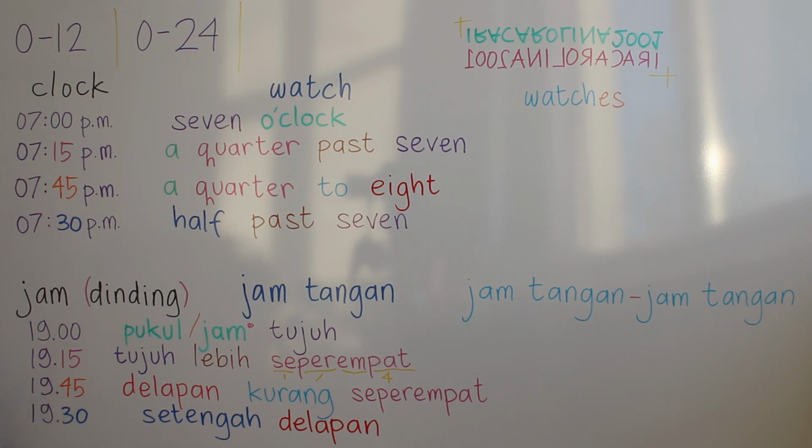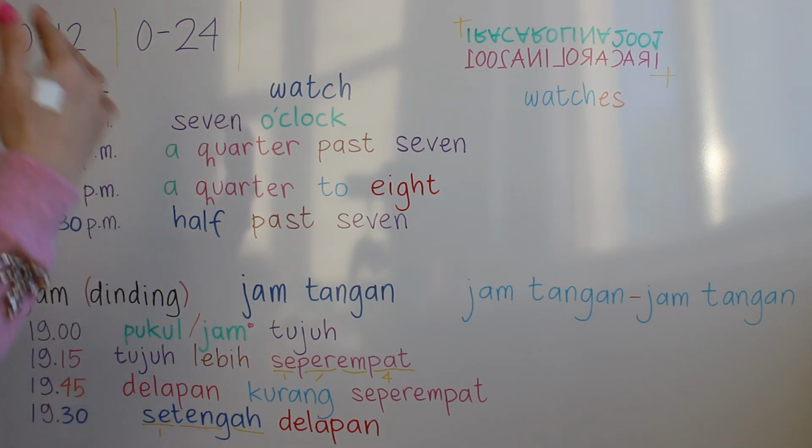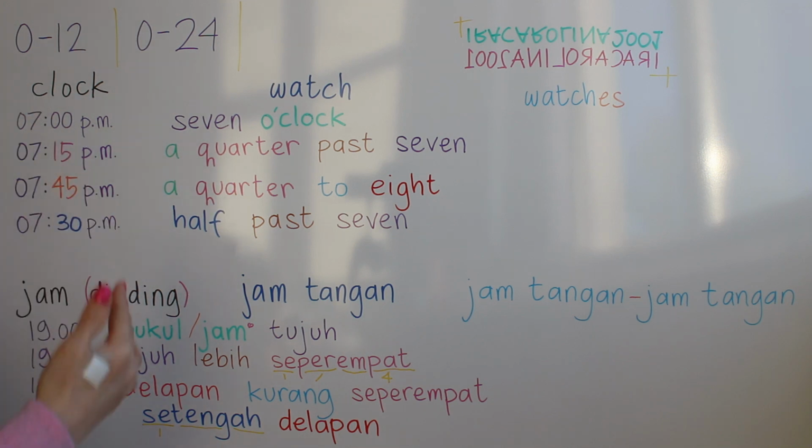Setengah, it means half. The se is prefix. It means one. And tengah, it means in the middle or middle.